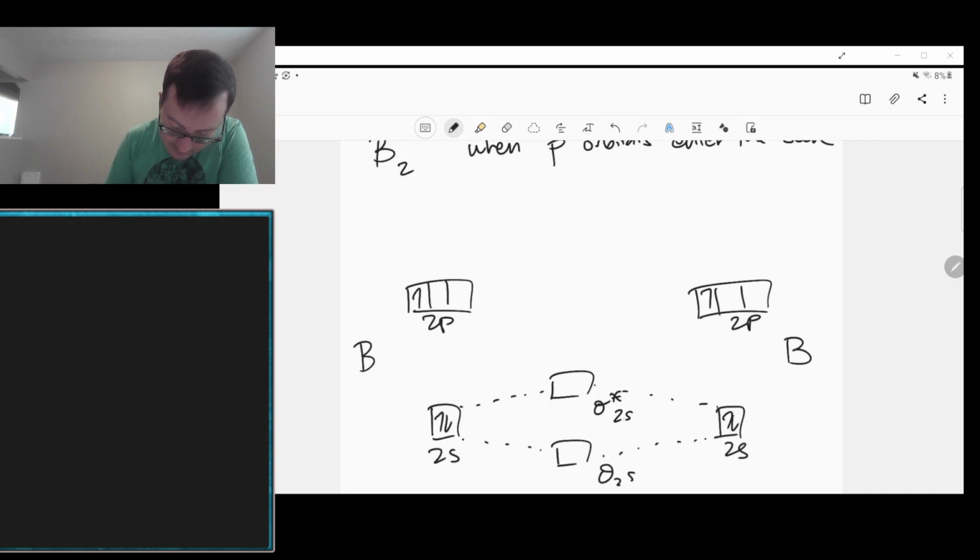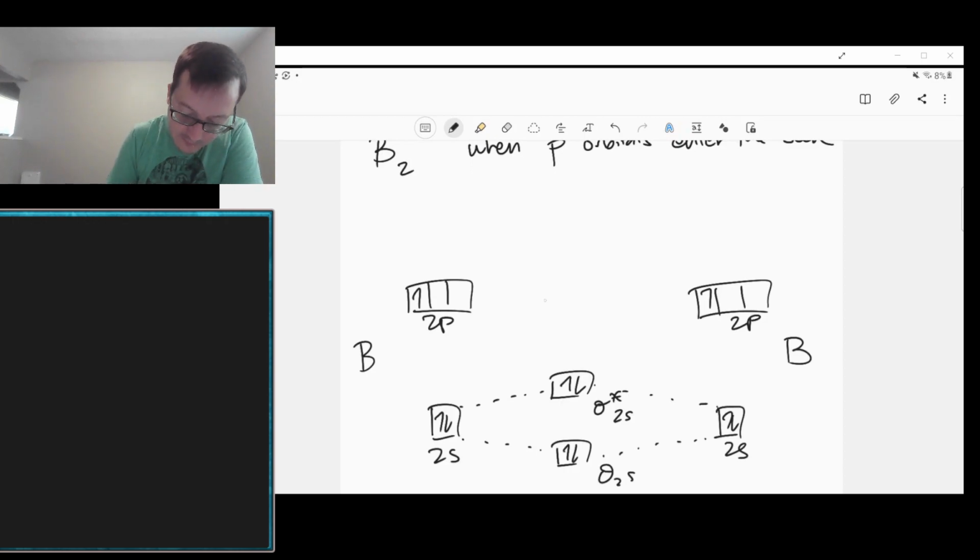So we get sigma 2s, sigma star 2s, just like before. And we're going to see that after beryllium, we don't even care about the 2s orbitals anymore because they're just going to be completely filled. We have 2 electrons in 2s for each atom. So we're going to have 4 electrons in the molecular orbitals for 2s. So they're going to, again, cancel each other out.